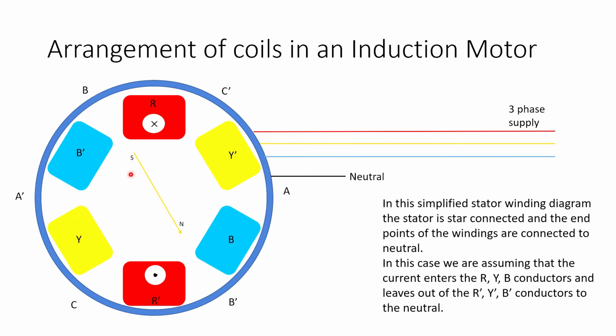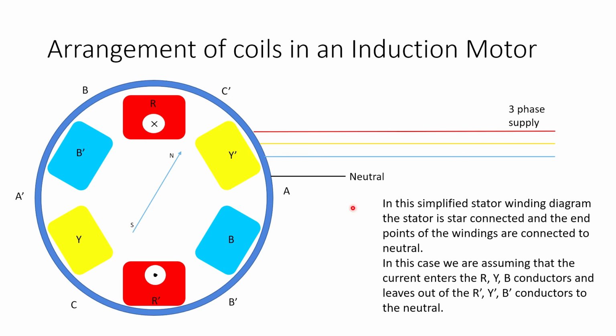And similarly, when the current in B phase is maximum, we get a magnetic flux in the C dash direction where the north pole is here and the south pole is here. So if we do it a bit quickly, we can see that we achieve a rotating magnetic field. Now we can do this taking each and every point continuously, and we can see that the magnetic field is rotating in an anti-clockwise direction.